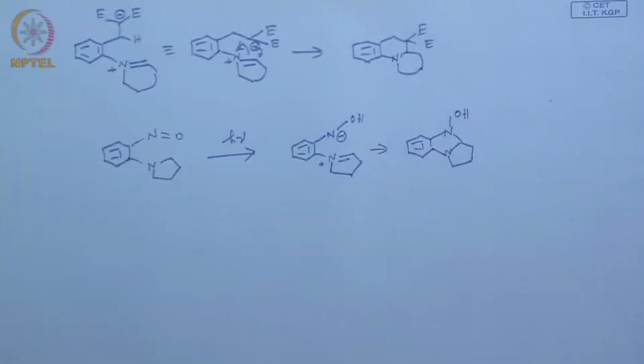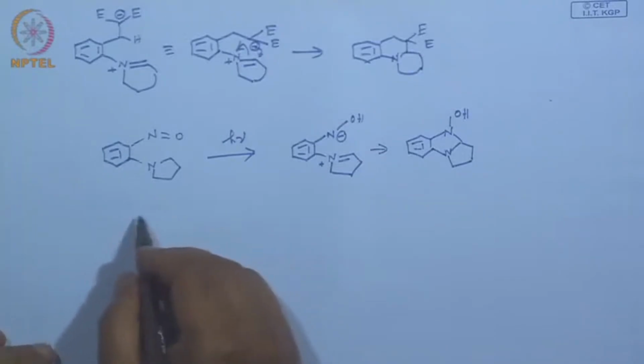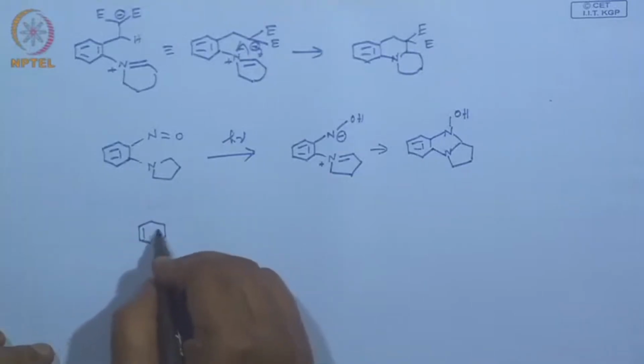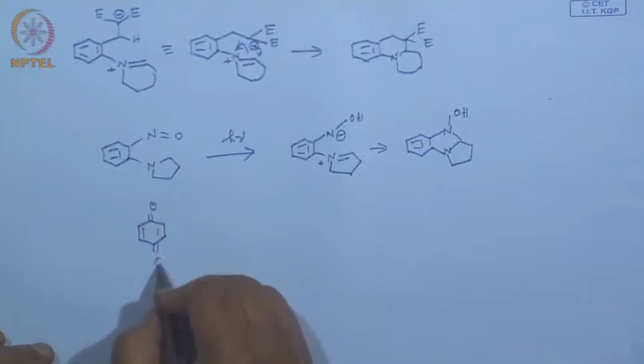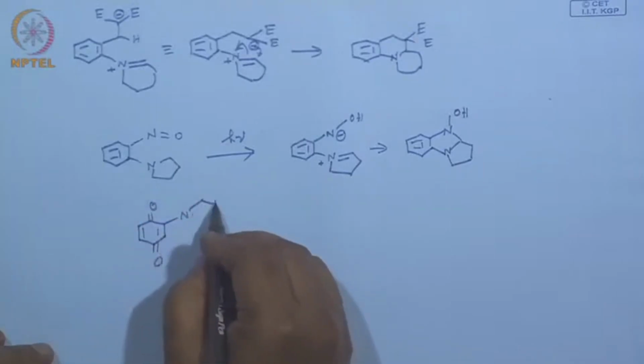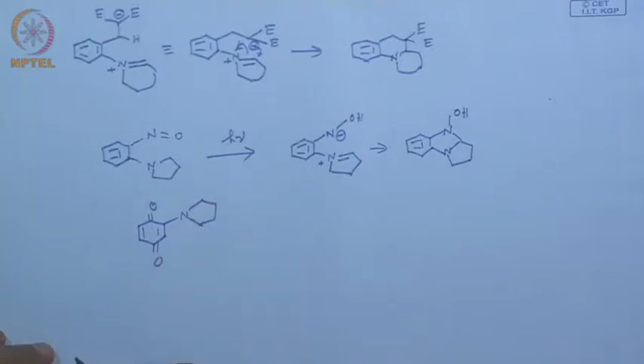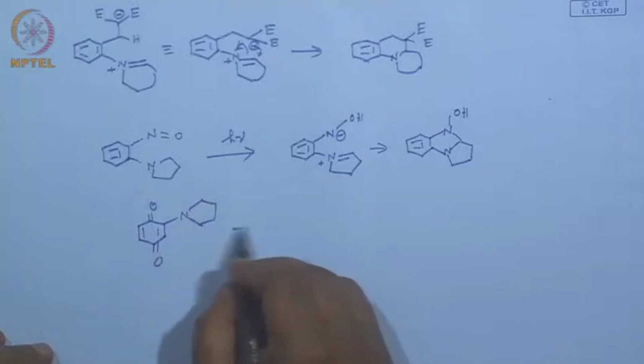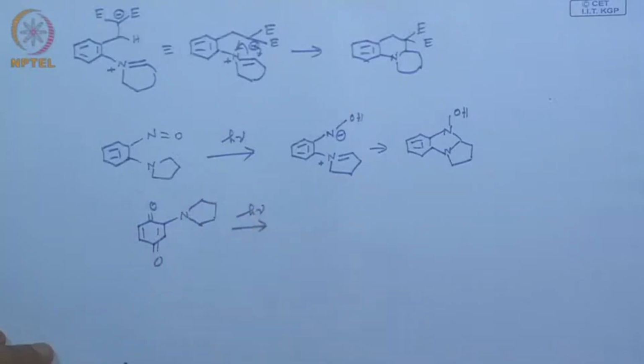So, likewise, you can also expect very similar kinds of reactions, and what we also do in our lab is take a quinone and photolyze it. What do you see here?